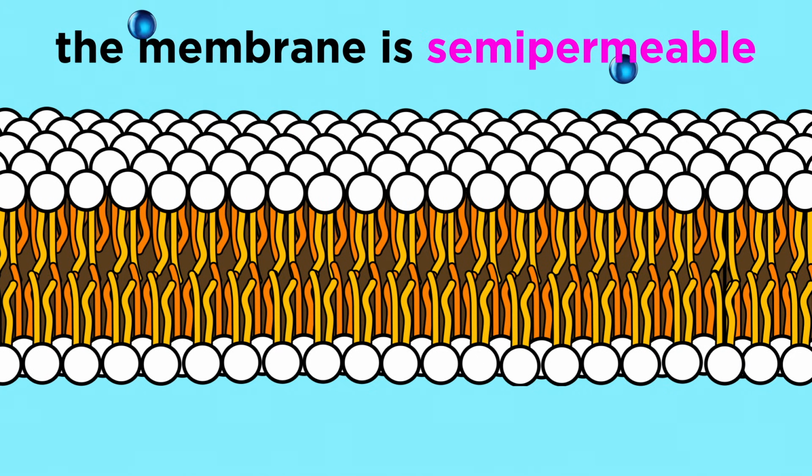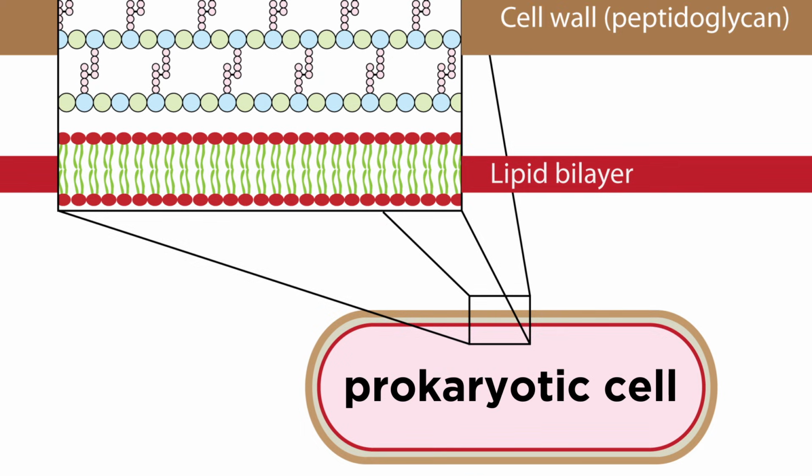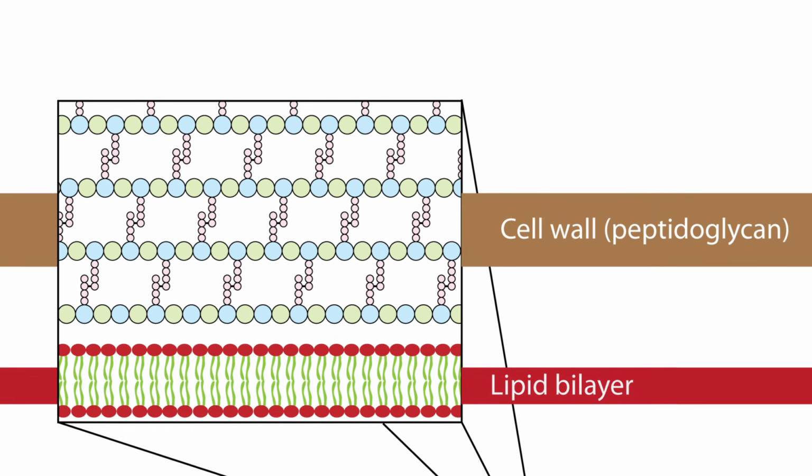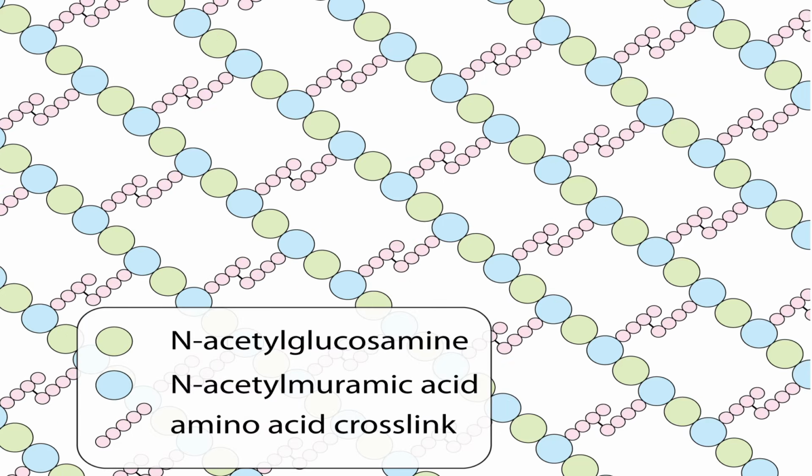The membrane lets some things through and prevents others, so that the organism can take in food and energy and expel waste. Beyond this membrane, most prokaryotes also have a rigid structure called the cell wall, made of peptidoglycan, a polymer of sugars and amino acids that creates a mesh-like layer around the cell.